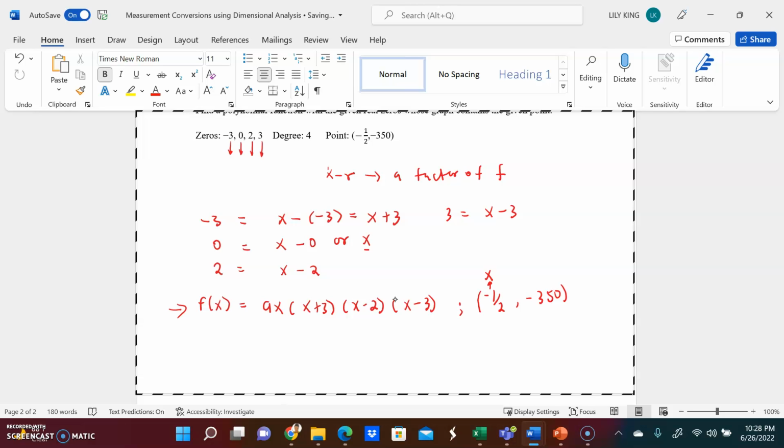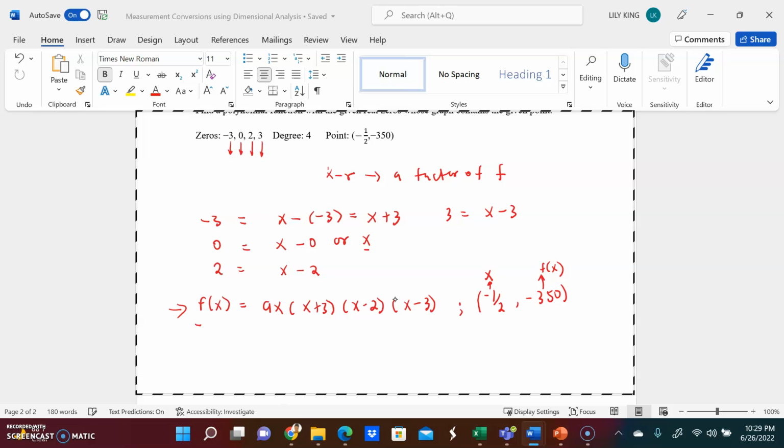The -350 is your f of x. It's just like having an x and y coordinate: your f of x is your y coordinate, which is -350, and your x coordinate is -1/2.